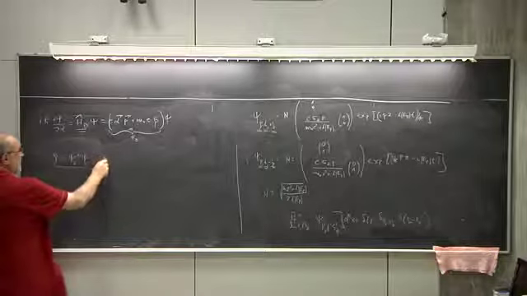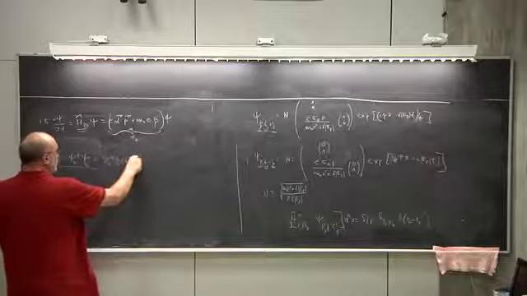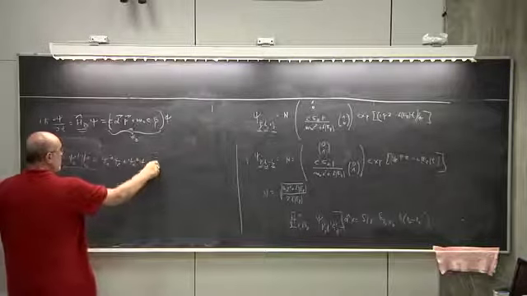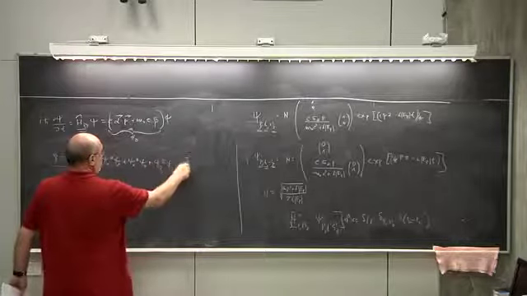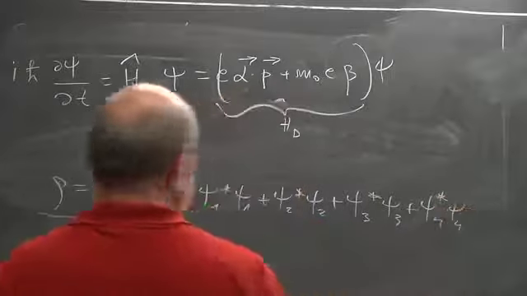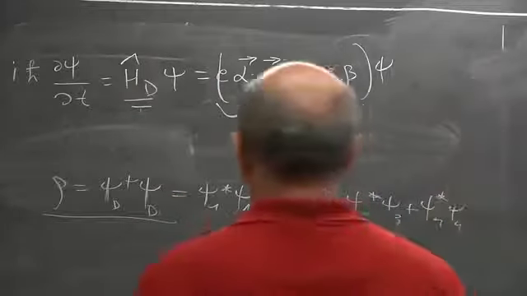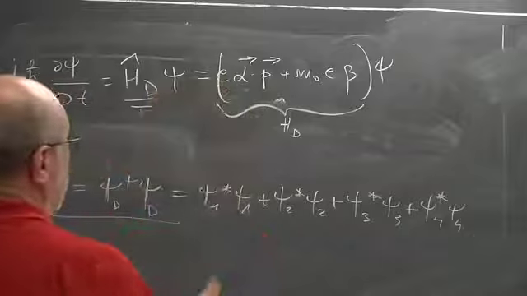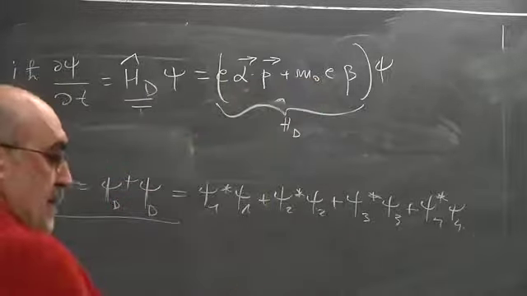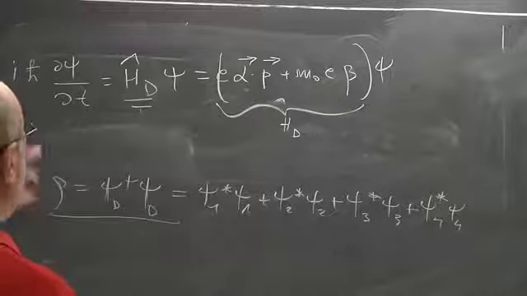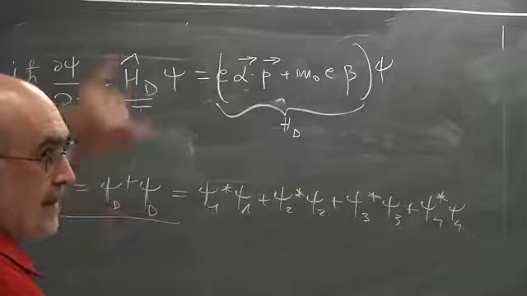Each of them is nothing else than psi1 star psi1 plus psi2 star psi2 plus psi3 star psi3 plus psi4 star psi4. So as I repeated many times, starting with the first order equation, and forcing alpha and beta to have those particular anti-commutation relations, we have been able to do this, and the price we pay is a multi-component vector.